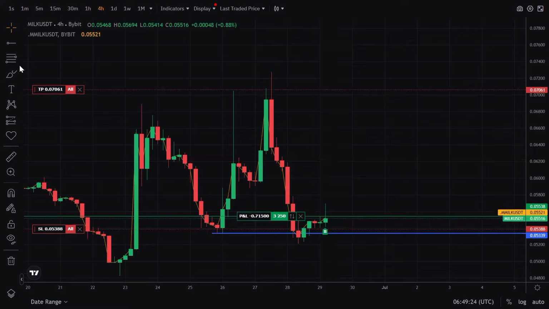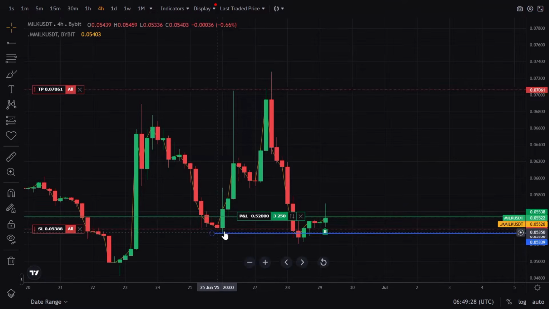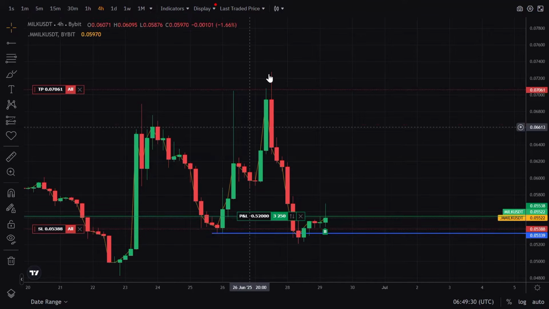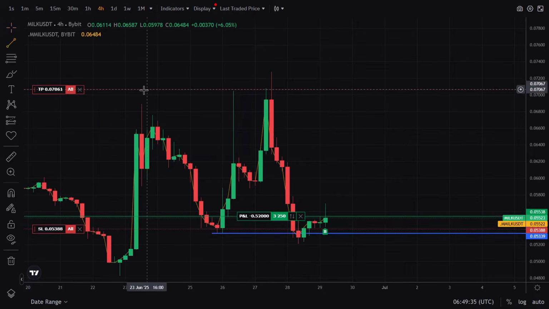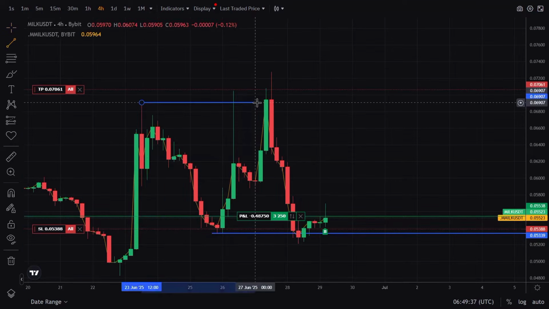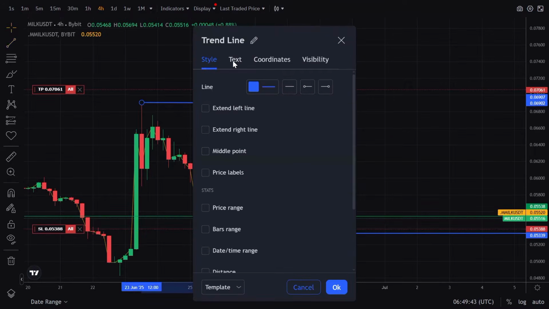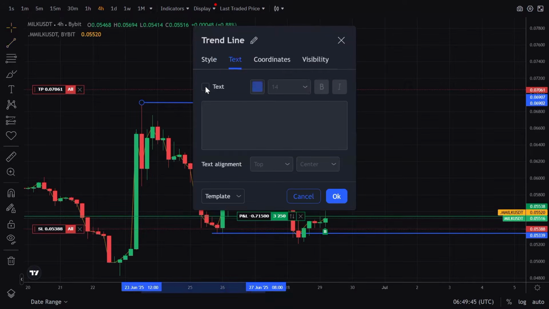Now, how do I know that is the low? Because this is the lowest price went to before price got up to this point. So we have a break of structure, right? Good. There's a break of structure here, so I'm going to put this as BOS.